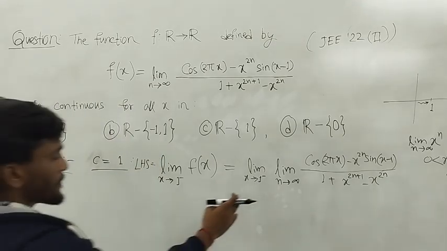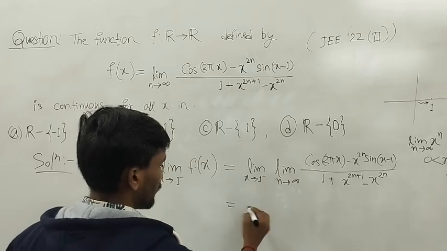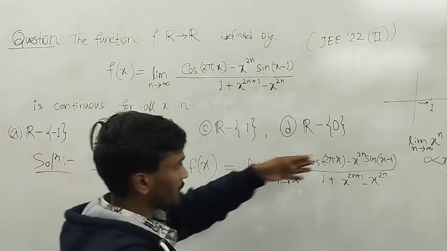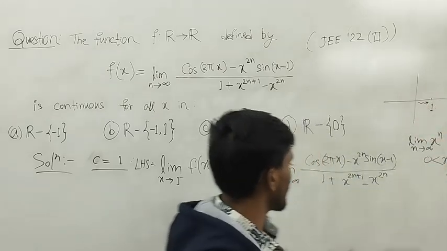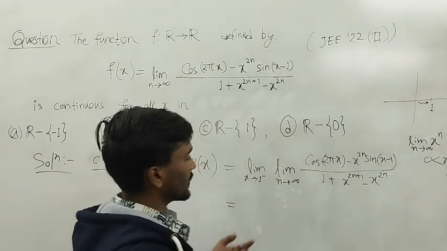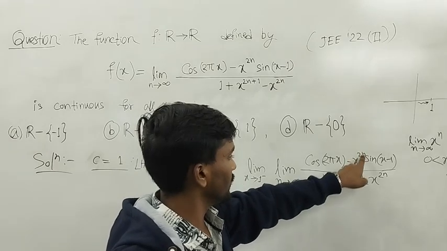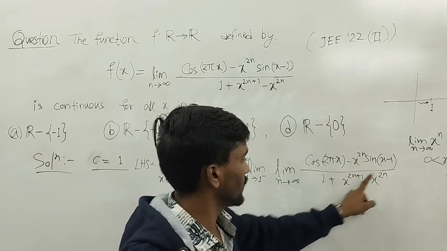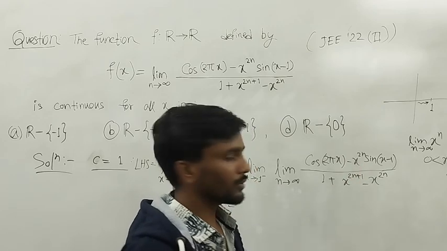We'll start with this note. Here x is coming from the left side, which means x will always be less than 1. If x is less than 1, then this will be 0, and all these terms will be 0.